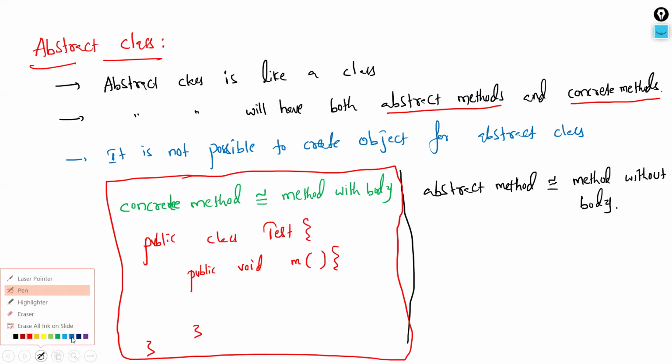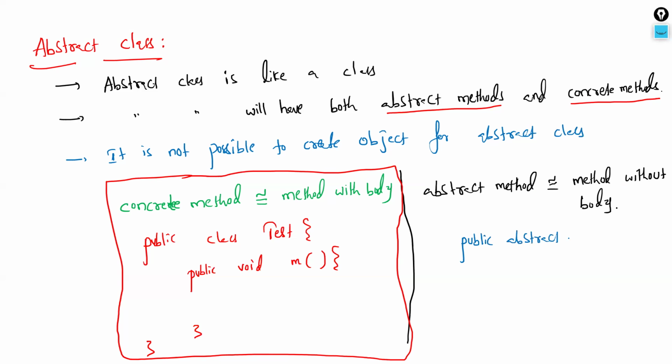Too many questions. I will not answer here. What's the purpose of abstract method and all? That's the immediate question, which we'll discuss later. So first, the abstract method syntax is public abstract. I'll write only the syntax because I can't write this in a class for some reasons.